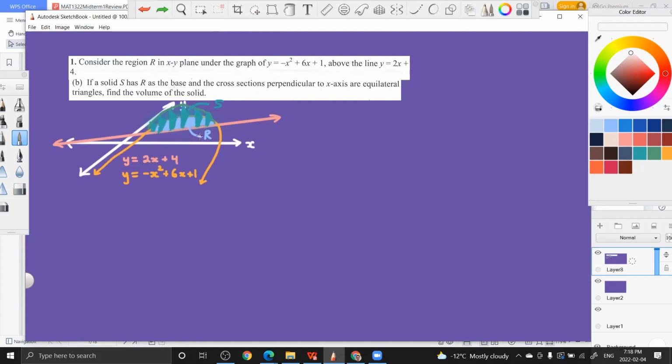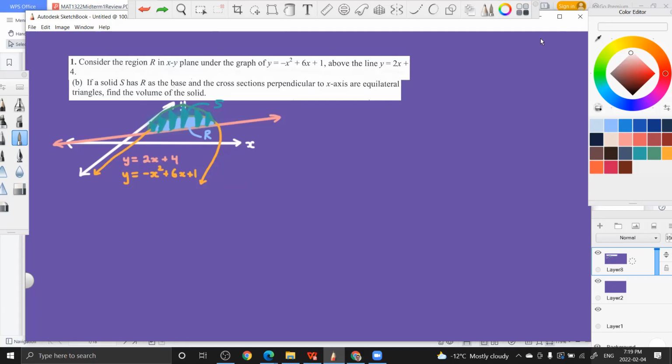Once you do that, it's like a deck of cards you put together, and that is going to form a three-dimensional solid. You see the blue region here, that's the area between these two curves, that's the R region, and S is the three-dimensional object that we have to find the volume of.